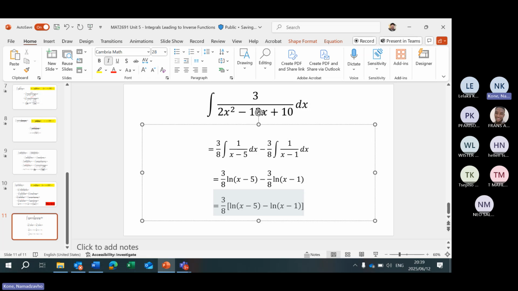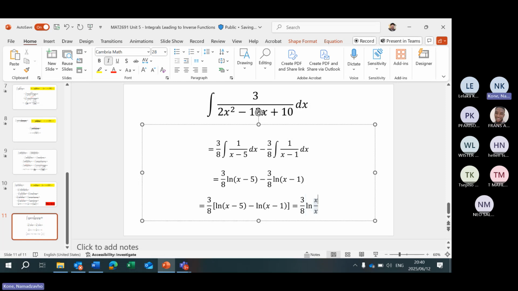Now, that lady gave us an answer like this one. She says it's 3 over 8, and then, because of the minus sign in between, you can write one ln. Then you can divide.